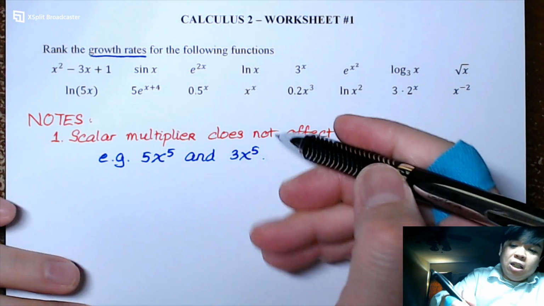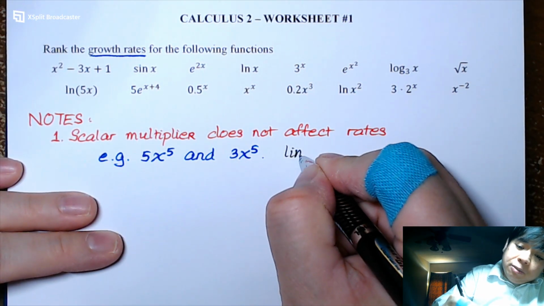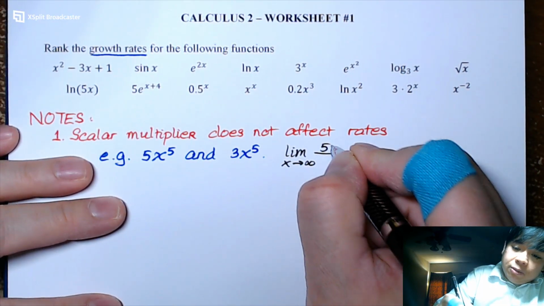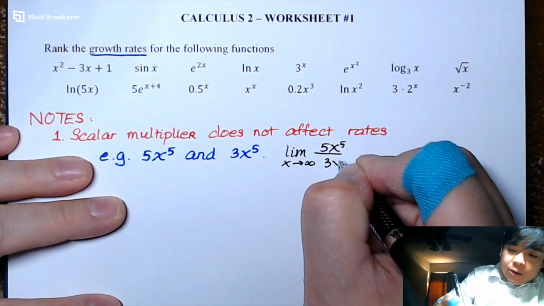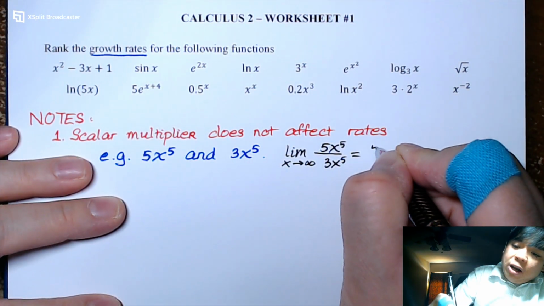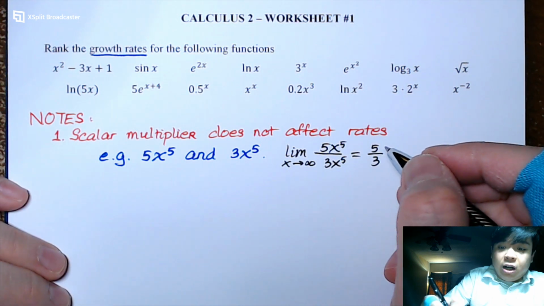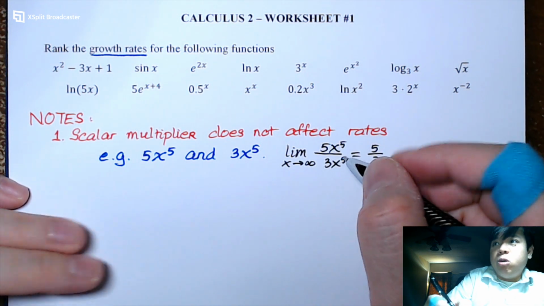We just do very simple math. We take the limit as x goes to infinity and divide them. The x to the fifth cancels and we have 5/3, a constant, so they have comparable rates.